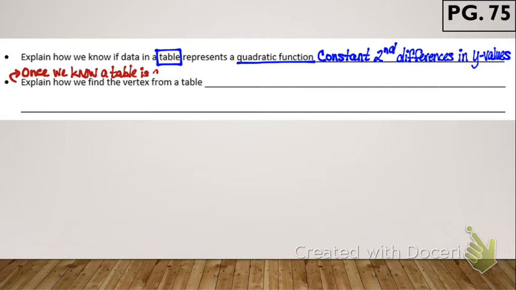Once we know a table is quadratic, we can find the vertex on that table by looking for where the y values start to repeat themselves. So once you see it repeatedly see like the number 2, you know what that is? Not necessarily. We'll look at a table here in just a minute, and I'll show you exactly what I mean when I say this.